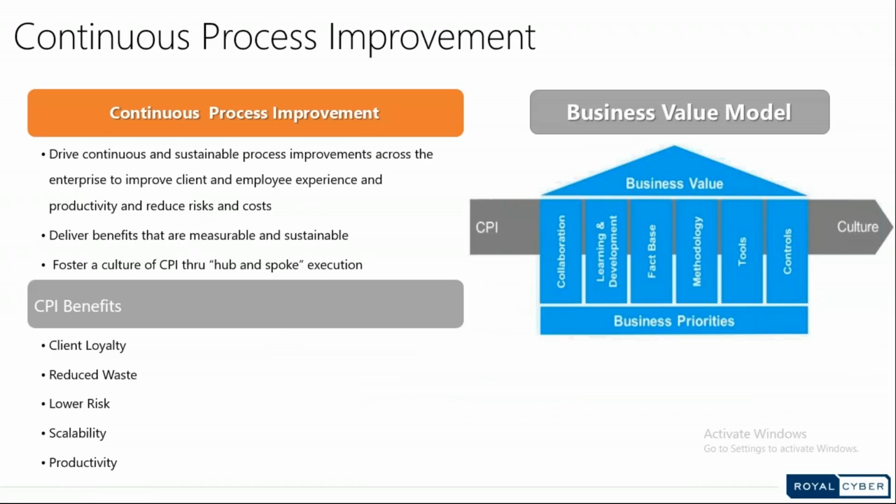That is what the client expects, and the main focus is to improve client and employee experience and productivity with low risk and low cost of the product. It also delivers benefits that are measurable and sustainable. The main benefits are client loyalty, reduced waste, lower risk and scalability.